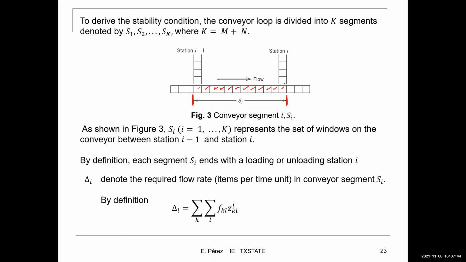As shown in this figure, Si, where I equals 1 up to K, represents a set of windows on the conveyor between station I minus 1, which is this one, and station I.